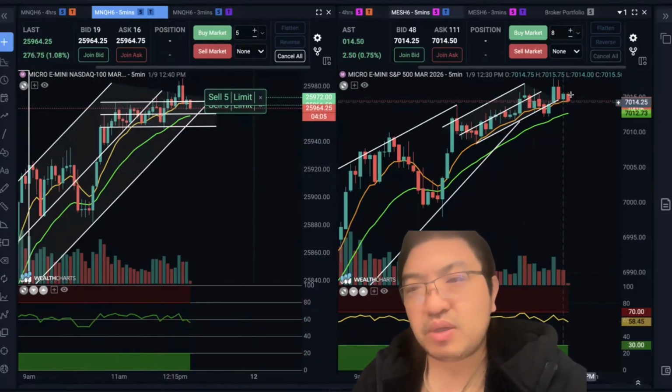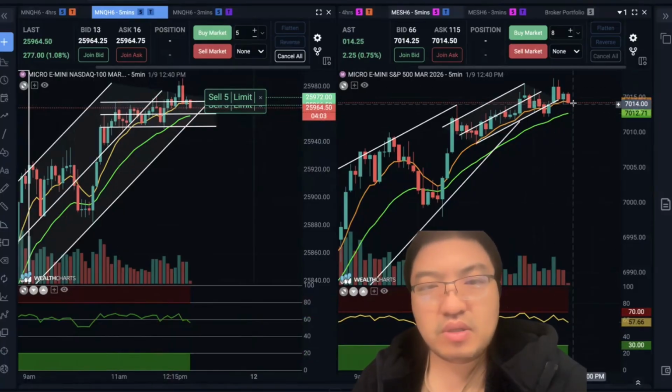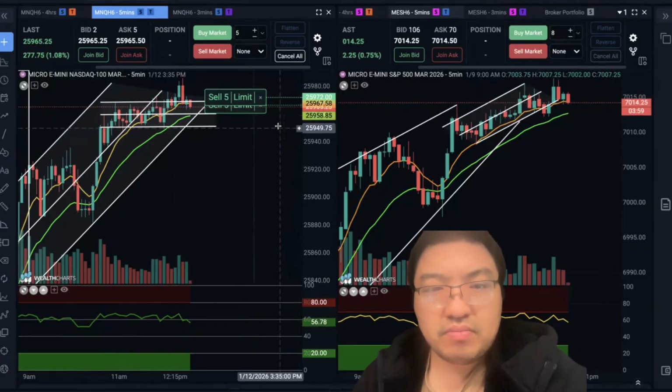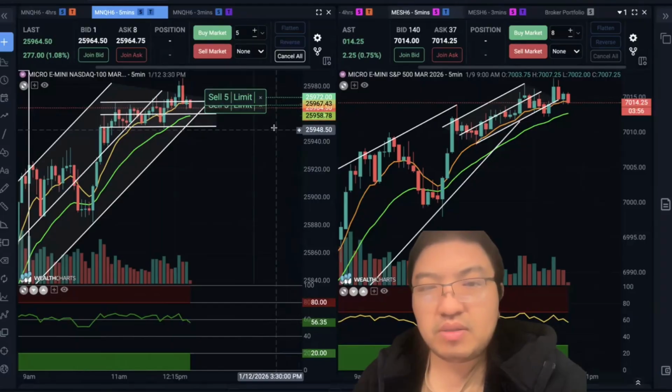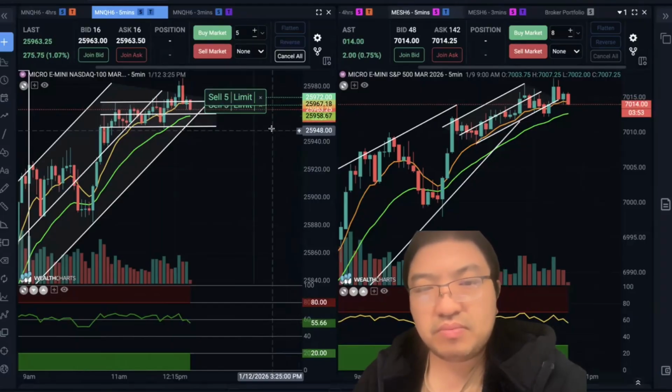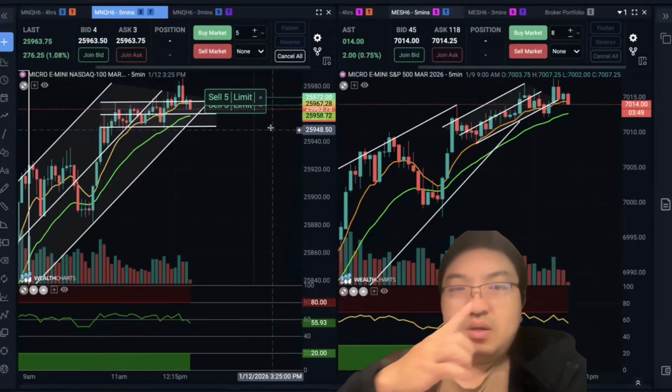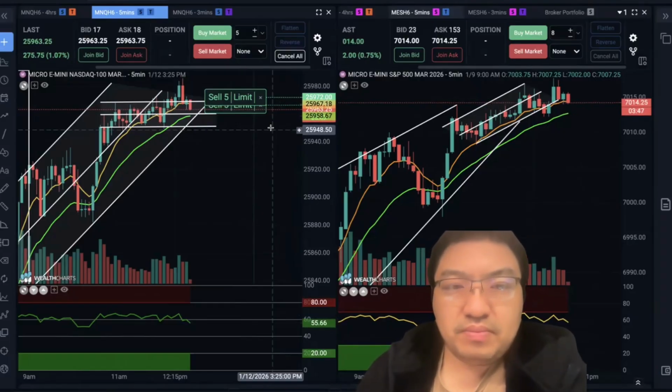Okay, it seems like even ES is trying to engulf. It will not retest. Come on. Come on.